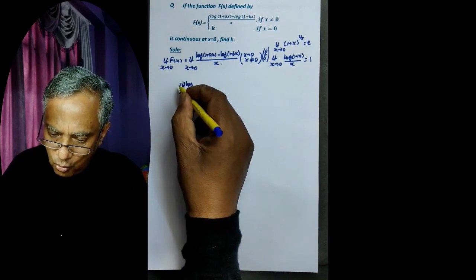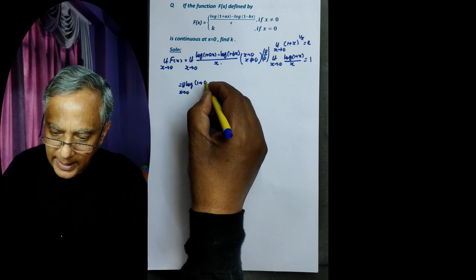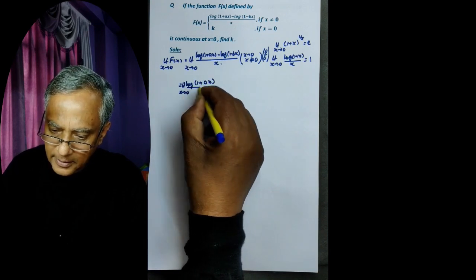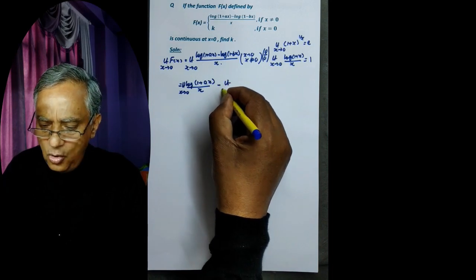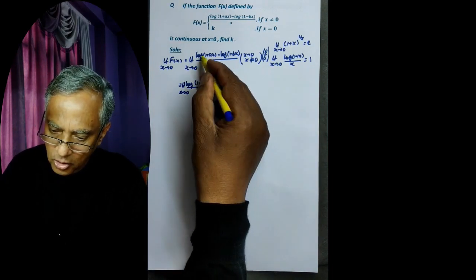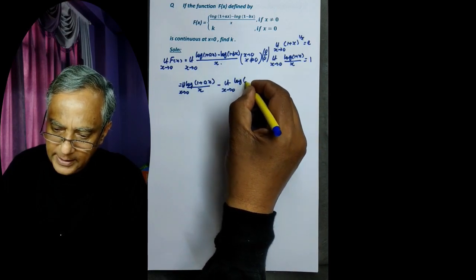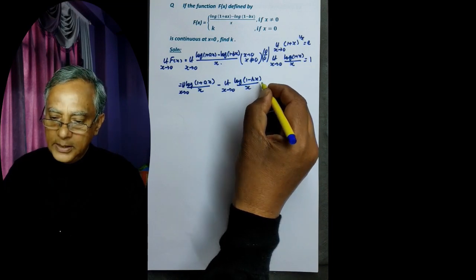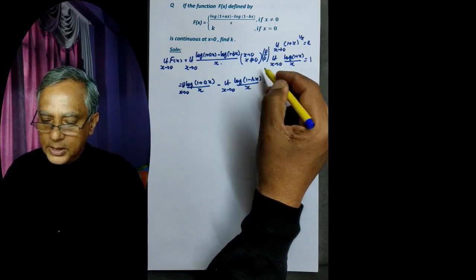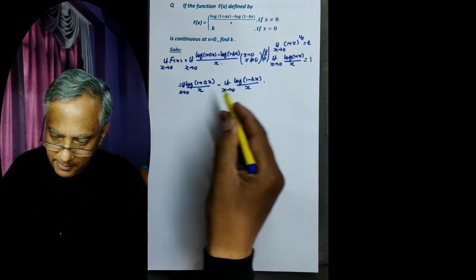This is equal to limit x approaches 0 of log of (1 plus ax) over x minus limit x approaches 0 of log of (1 minus bx) over x. We are separating this into 2, then only we can use this formula.